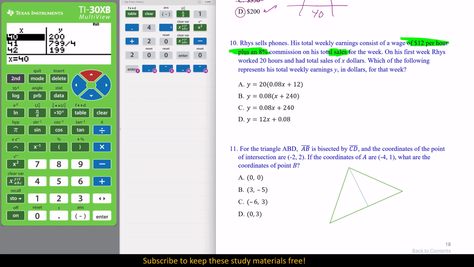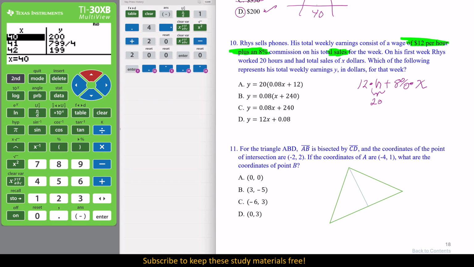So let's write this out. We have 12 times whatever hours he works plus 8% times whatever sales he has for the first week. Okay. Now let's keep reading. On his first week, Reese works 20 hours.